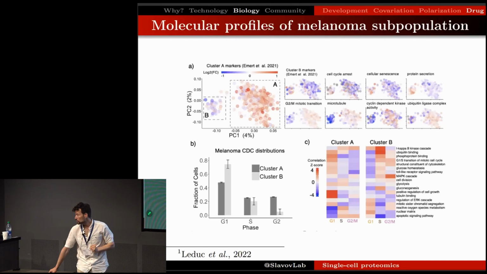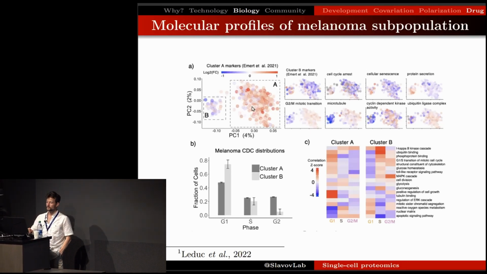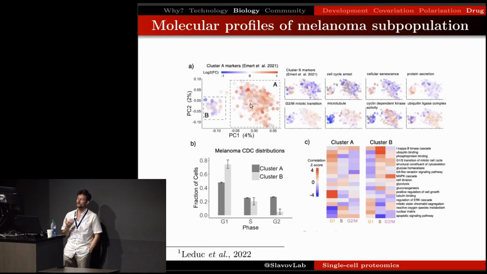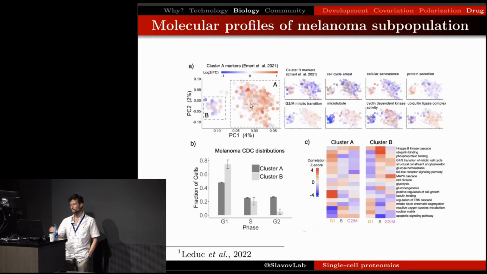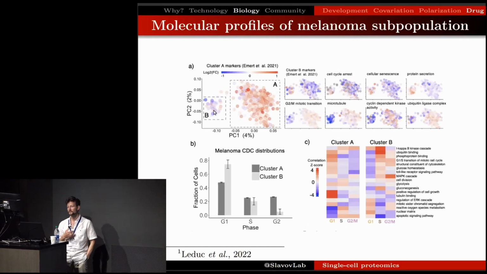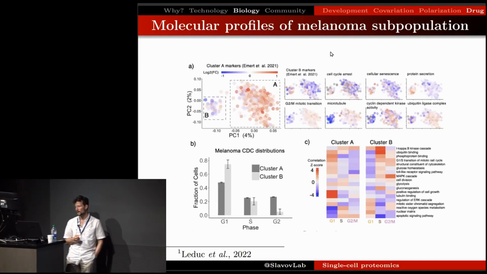We were able to see that the cells from the larger cluster have higher abundance of markers associated with non-primed cells, while the smaller cluster expressed at higher abundance proteins associated with priming.